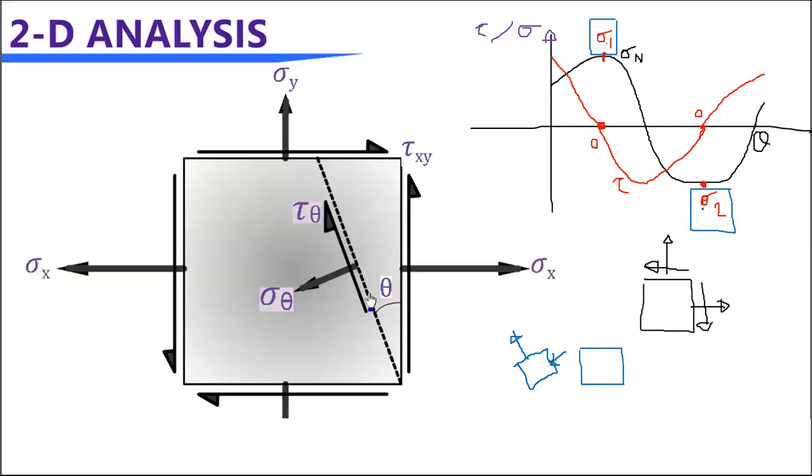We don't know where, that will happen somewhere along some plane. We need to find that. So let's say we know the compressive capacity of the material and the tensile capacity of the material, right?